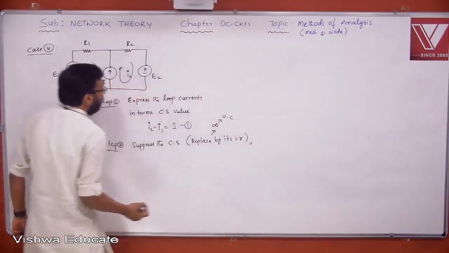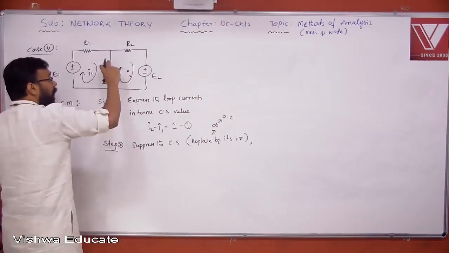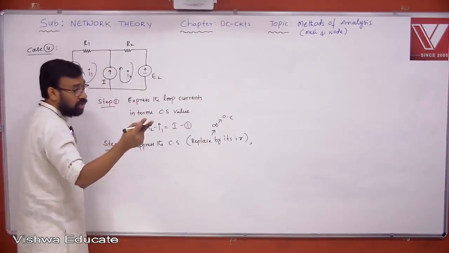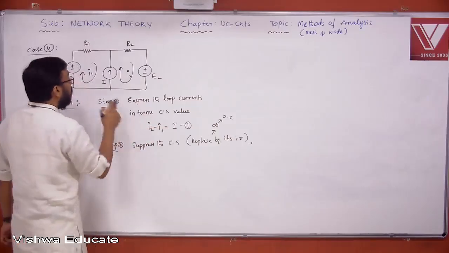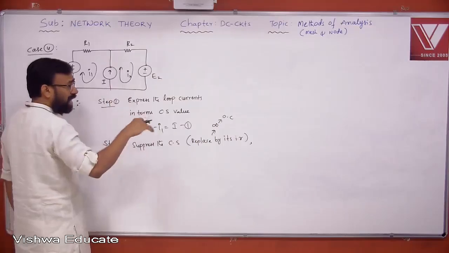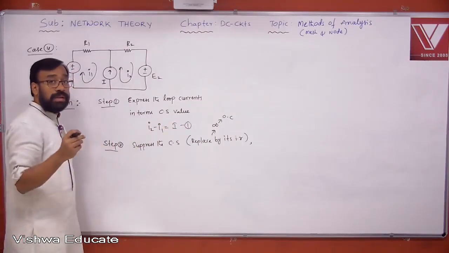As soon as it is suppressed, that is nothing but an open circuit. Once it is opened, mesh 1 and mesh 2 both get merged and form a common mesh. Yes or no? That mesh is called a super mesh.